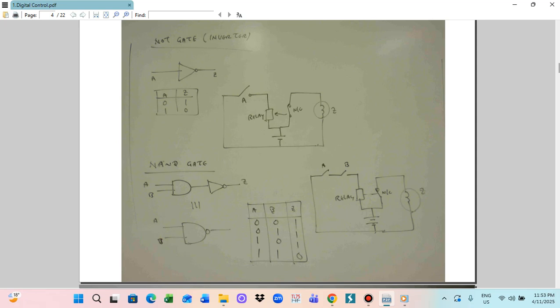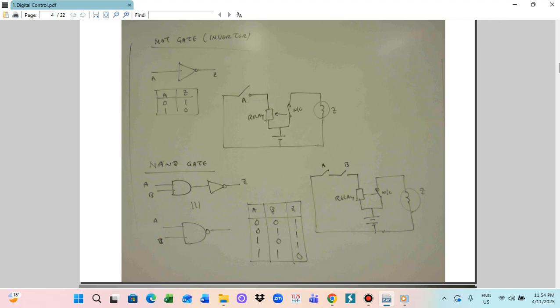This means whenever you close the A switch, the normally closed contact opens and Z will not get the electricity. Whenever you open the A switch, the normally closed contact recloses and Z gets the electricity. So this is the NOT gate function, where the output is opposite to the input.